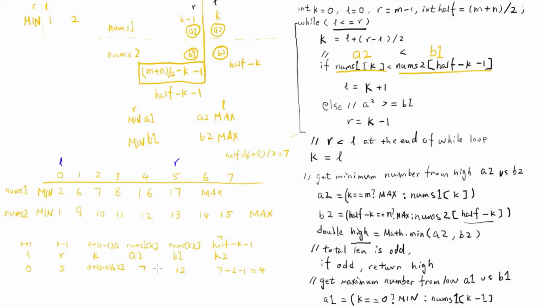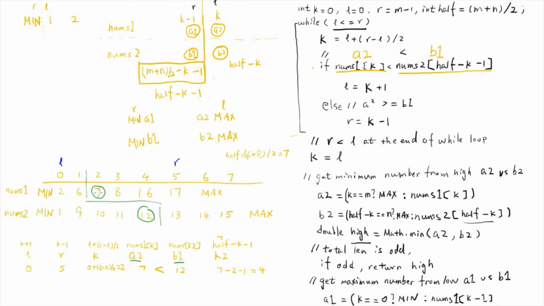So 7 is smaller than 12. So in the first iteration, A2 is 7 and B1 in array number 2 is 12. And remember, we make a cut on the left side of the position k in array number 1, and make a cut in array number 2 on the right side of k2.